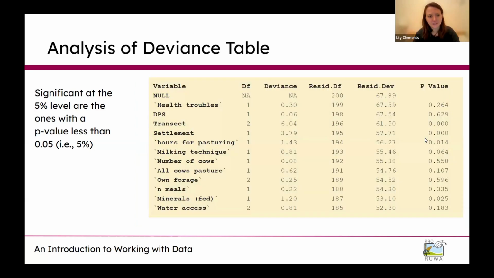In our analysis of deviance table, meanwhile, again, the variables with a p-value less than 0.05 are the ones that are significant at the 5% level. And again, we see that transect, settlement, and hours for pasturing are significant, as well as minerals fed.